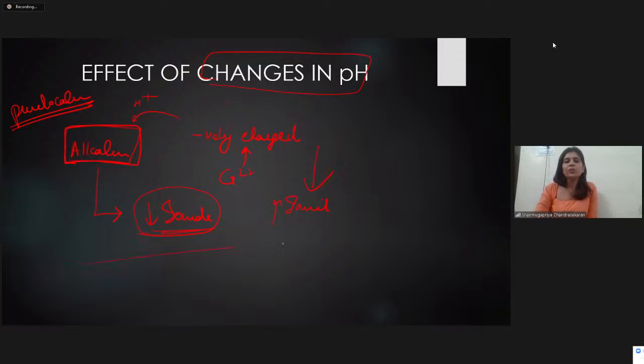But for this, are you going to make any correction? You're not going to make any correction because it's an actual decrease and actual increase. You need to be only aware of the fact that changes in pH affect ionized calcium concentration. Okay, so these are the two facts which I wanted to tell you.